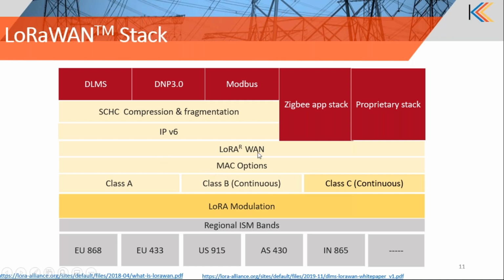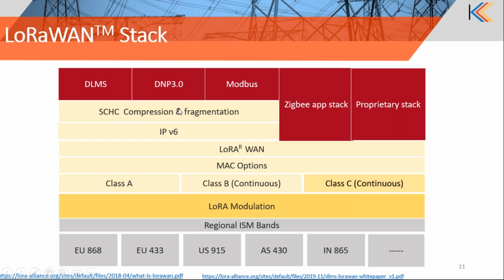And on top of that, you can have the application stack communicating over LoRa, or if you want to transfer normal automation and control protocols like the DLMS metering protocol, DNP3 or Modbus, which basically use IP connectivity, you can use SCHC, that is static context header compression techniques.